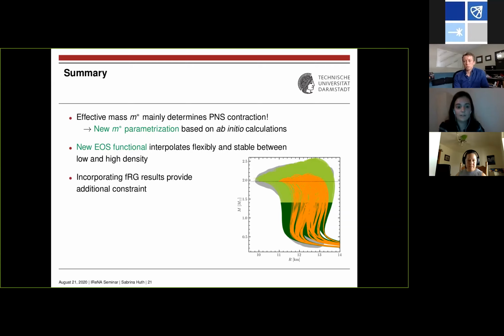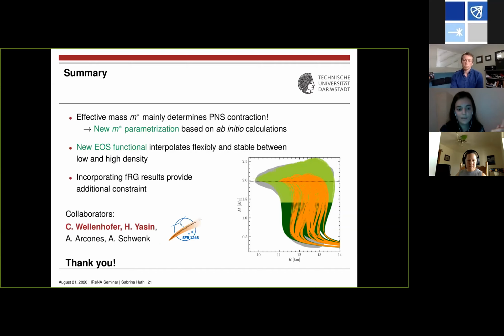And at the end, I also showed you that if you use the functional renormalization group results and constrain your EOS with this, then this can further narrow down the uncertainty also for the mass radius relation. And with this, let me thank first my collaborators, especially Corbinian and Hannah, and then thank you for your attention.